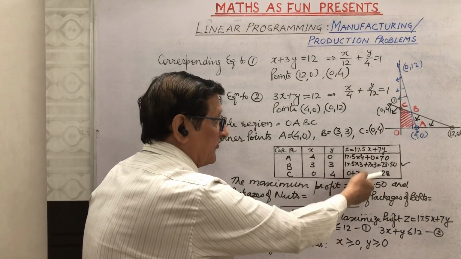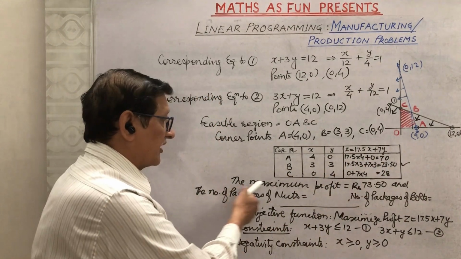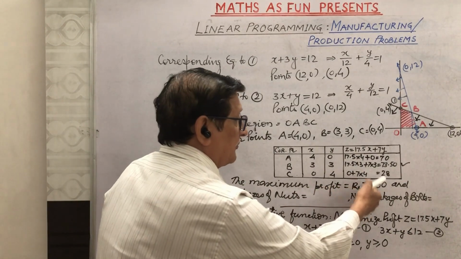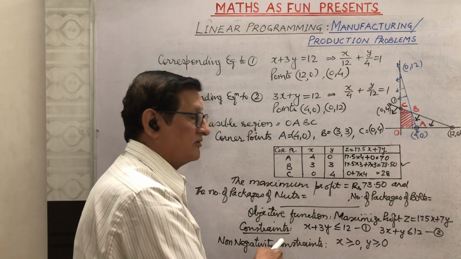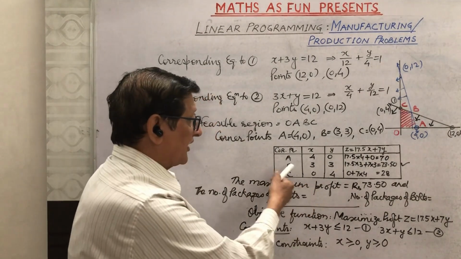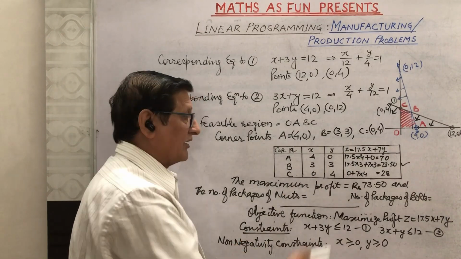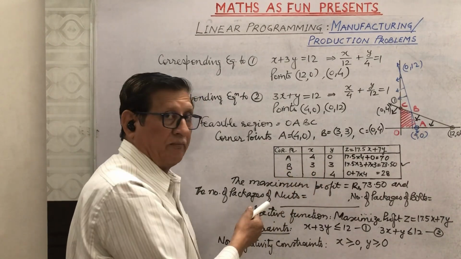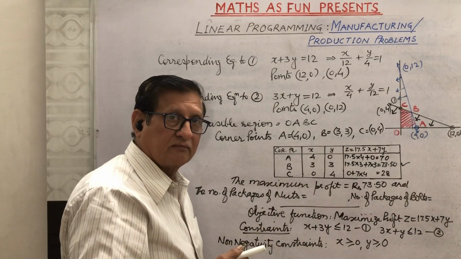The maximum profit we find is 73.50. So we write here that the maximum profit is 73.50 rupees. And at what point? There is only one point, B, at which we find the maximum value 73.50, and the coordinates of B are (3, 3). It means the value of x is 3 and that of y is also 3.